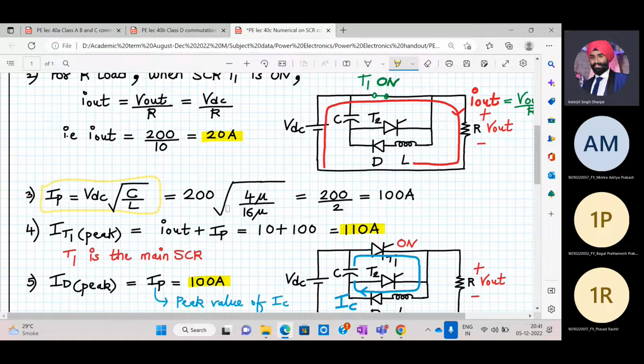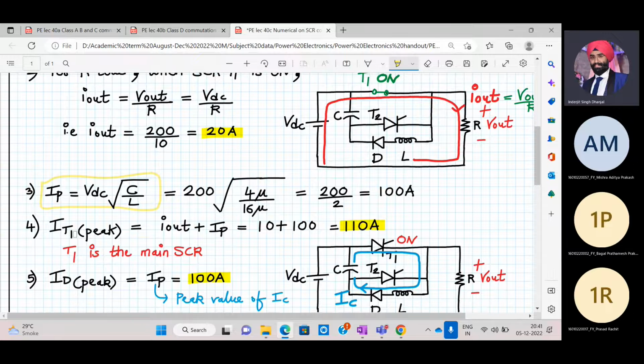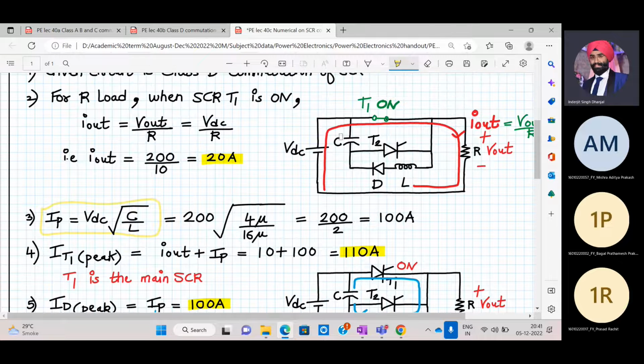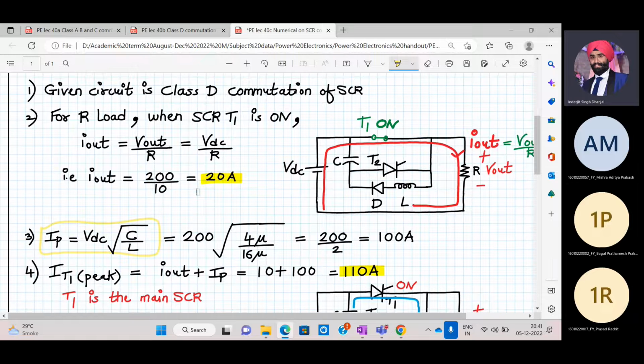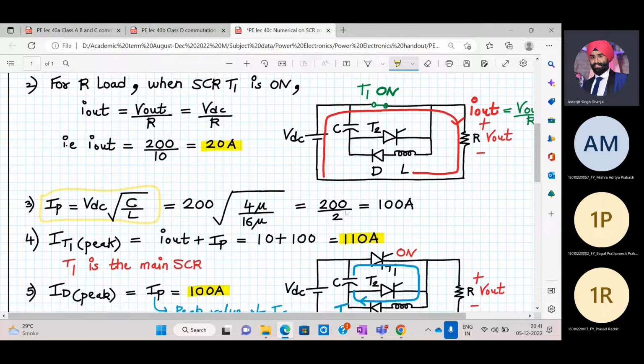Now, the peak current flowing to the T1 will be I out plus ICP. We have also discussed this. So I out will be around 20. I out is 20, right?